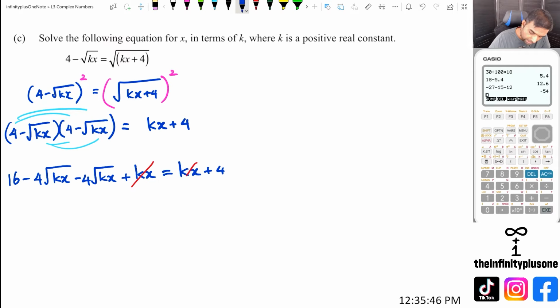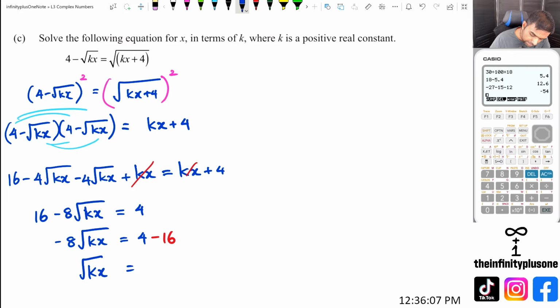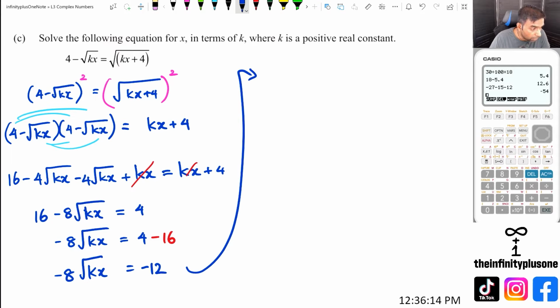Now what I can see is I've got kx on both sides, which means they're going to cancel out each other, and I'm left over with 16 minus 8 root kx equals 4. Then I'm going to go negative 8 square root of kx equals 4 minus 16, and I'm going to get square root of kx equals, now 4 minus 16 is negative 12, and I forgot this negative 8 here, so keep going. I'm going to get square root of kx equals negative 12 divided by negative 8.